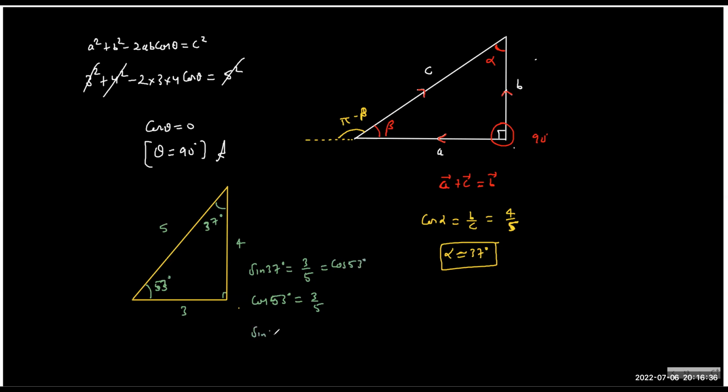What is sine of 53? 4 by 5. Which must be cos of 37. What is tan of 37? 3 by 4. And what is complementary of tan? Cot. 53.